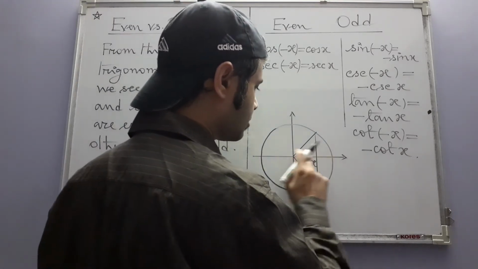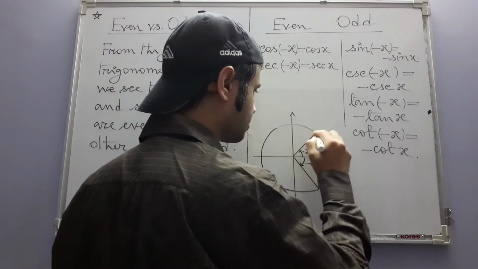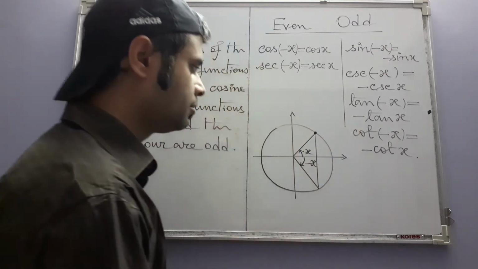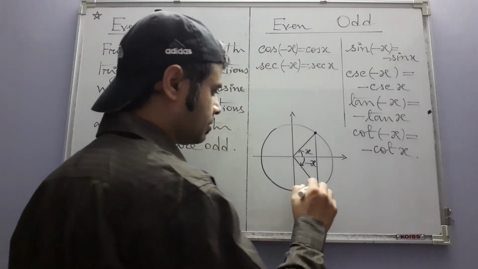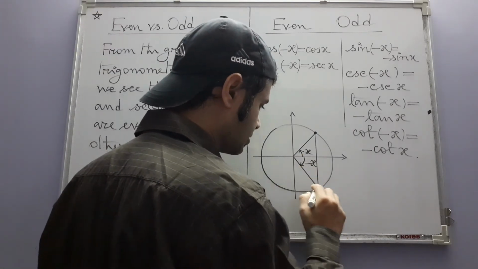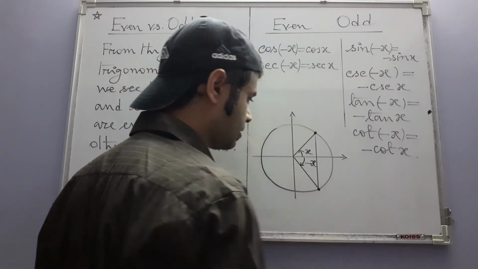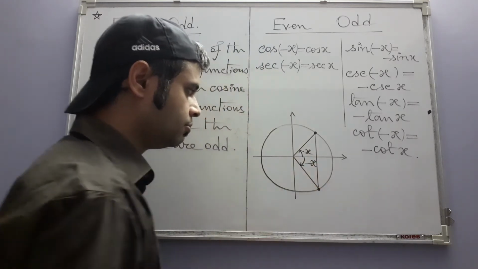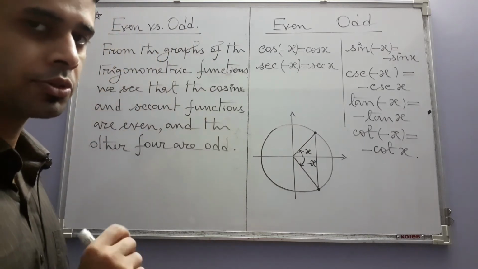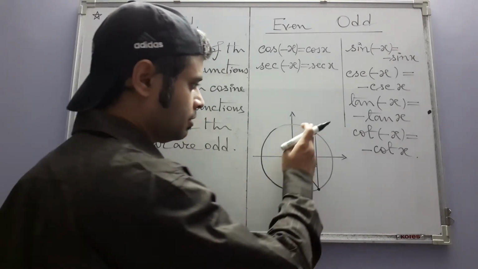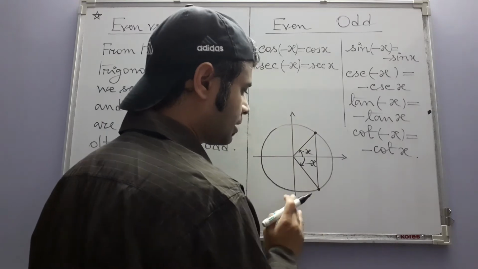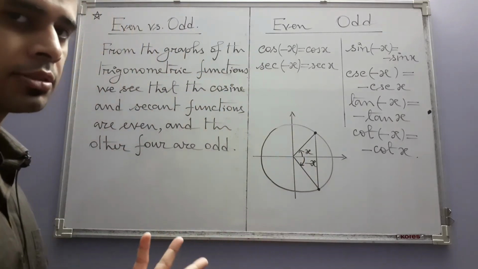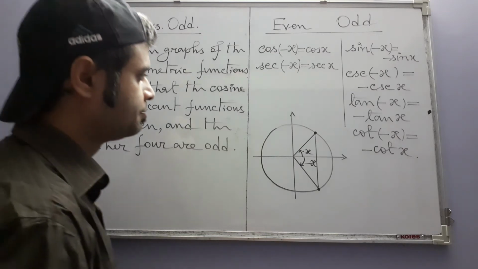So the terminal rays of these two angles, the first one is this, which intersects the unit circle here, and for this one the terminal ray is this, which intersects the unit circle here. Now because of the numerical equality of these two angle values, that is both of them are x, these points of intersection lie on the same vertical line, which you can see from the symmetry of this geometry.